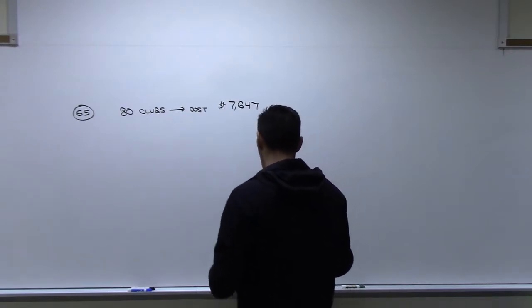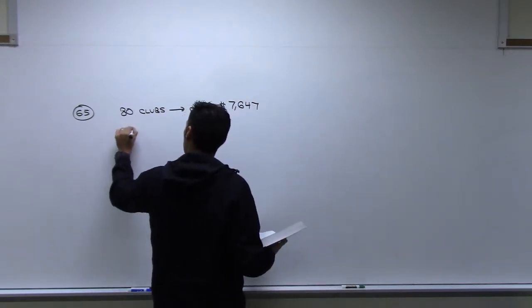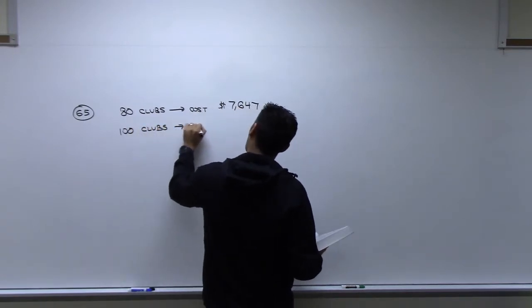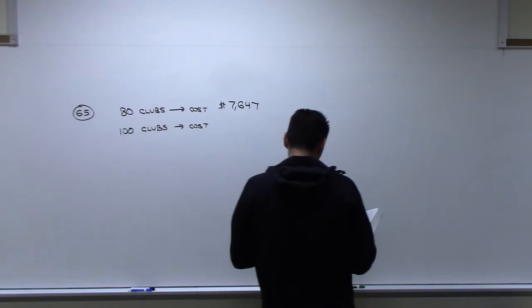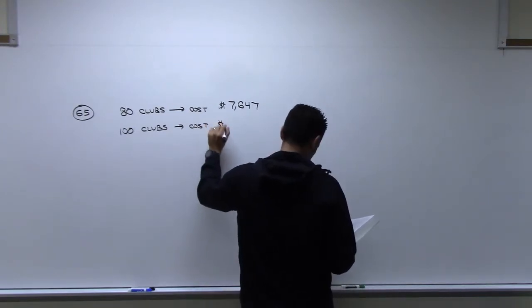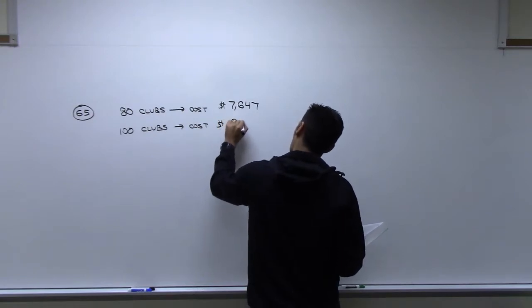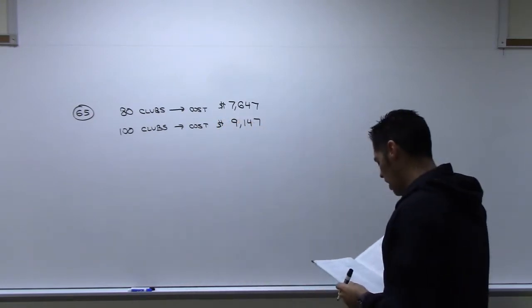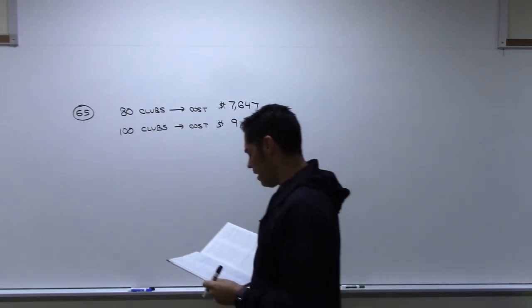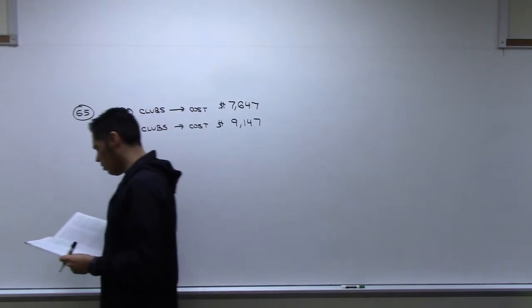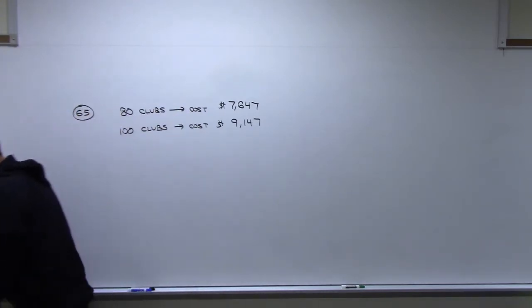Also, they can produce 100 clubs, and the cost of manufacturing 100 clubs is going to be $9,147. Now, Part A says, assuming that the daily cost and production are linearly related, find the total daily cost of producing X number of clubs.